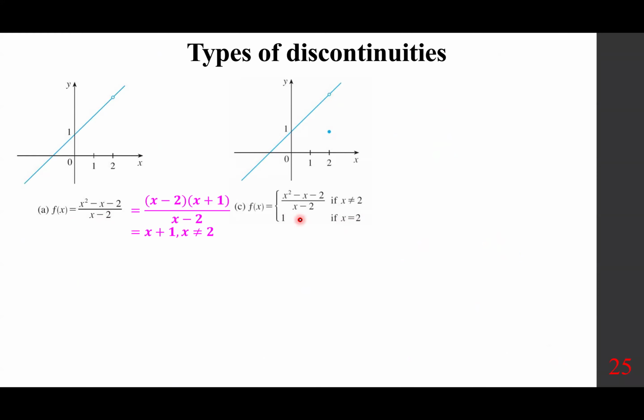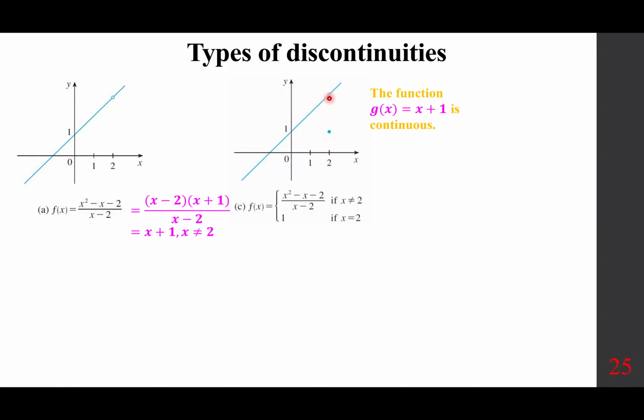So we create a hole in the case of a rational function if there is a common factor between the top and the bottom. So when we factor this, we can drop the common factor of x minus 2, we get x plus 1. Please understand the function y equals x plus 1, or g of x equals x plus 1, is the line that is continuous and it doesn't have a hole.